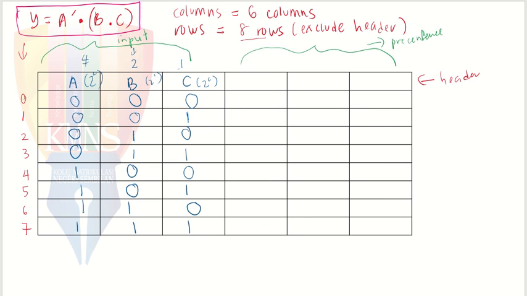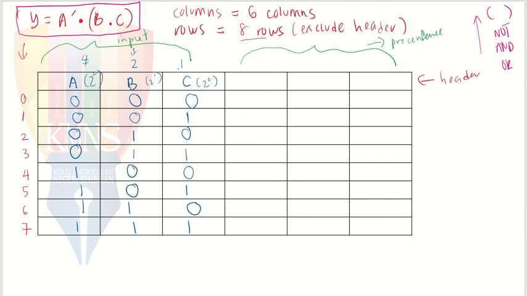As you learned in your lecture, the greatest precedence, or what we need to do first, is the bracket, then prime or NOT, then AND, and OR. So if you have a bracket, you will do the bracket first.